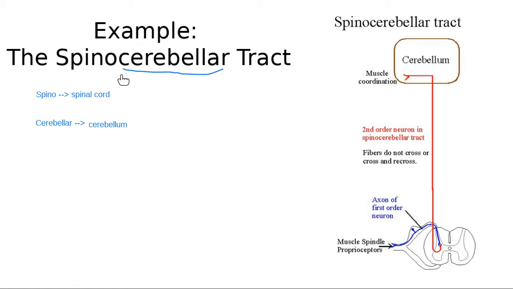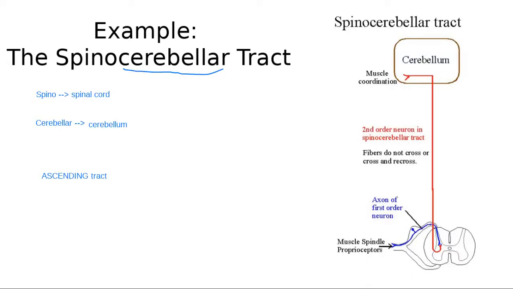The next ascending tract that we're talking about, the spinocerebellar tract, we start in the spinal cord and we end in the cerebellum. When I go from the spinal cord to the cerebellum, I am still going up. This is still an example of an ascending tract.